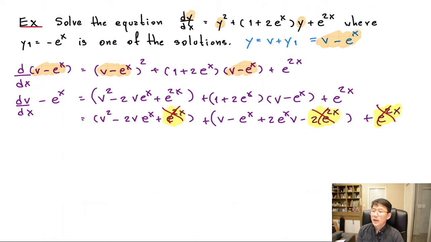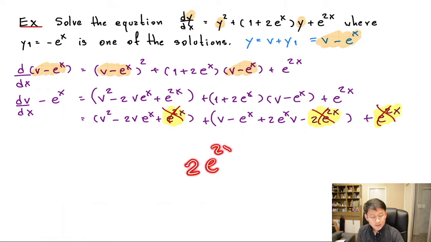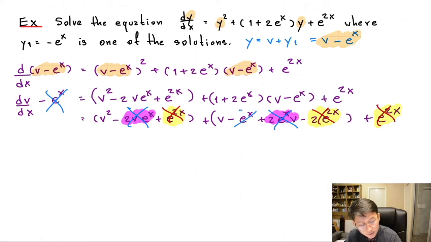Because e to the x plus e to the x gives 2e to the 2x, and then this cancels out with this. And this guy cancels out as well, and this e to the x cancels out with this. Let me use some other colors.